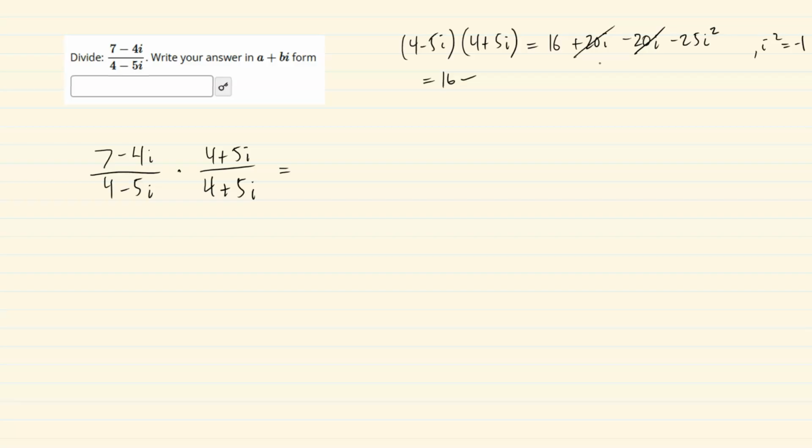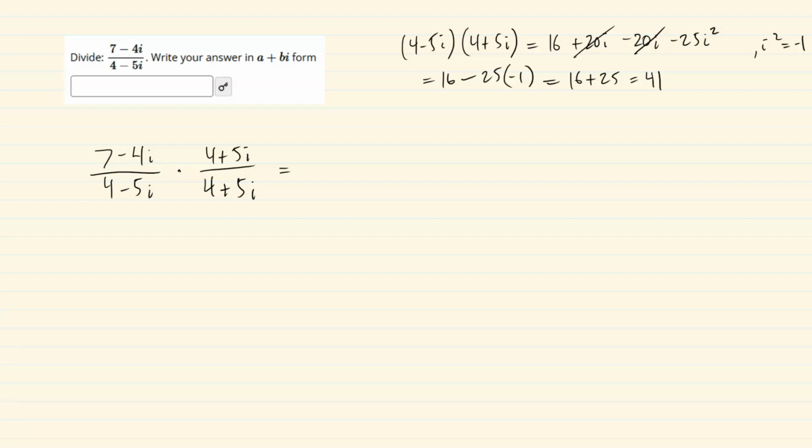So we're left with minus 25, and then multiplied by negative 1, because i squared is after the 25. And remember, i squared is negative 1. So that gives us 16 plus, that's a negative number, that'll give us 16 plus 25 is 41.